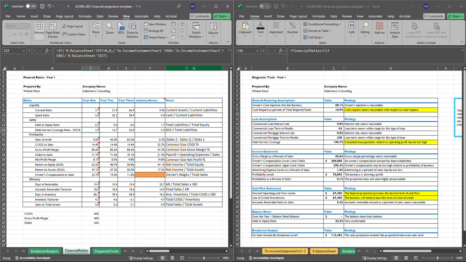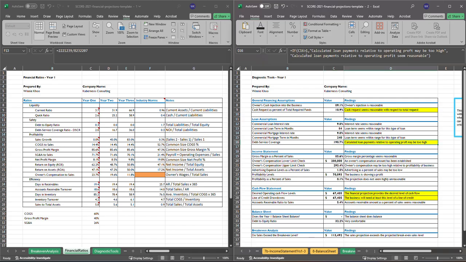So I have 2. This was Hershey's. So Hershey's has 0.3. And Google says the ideal debt service coverage should be 1.25 or 125% or higher for loan approvals.